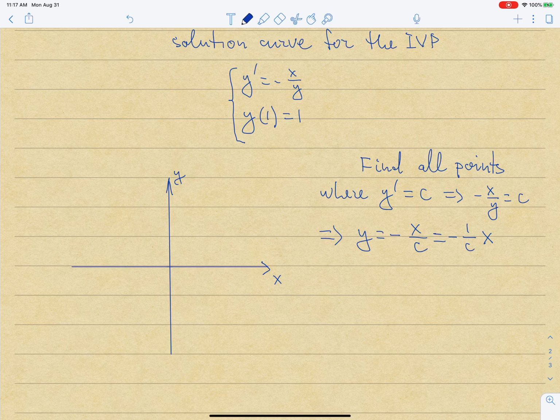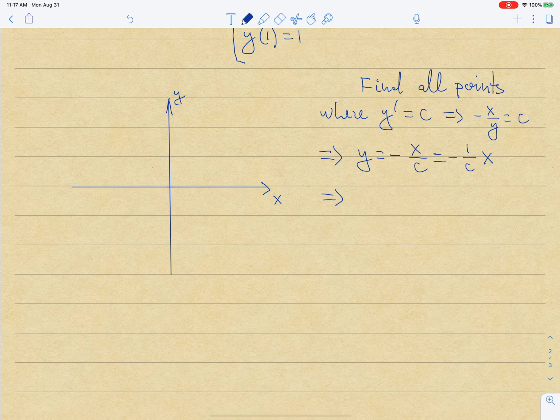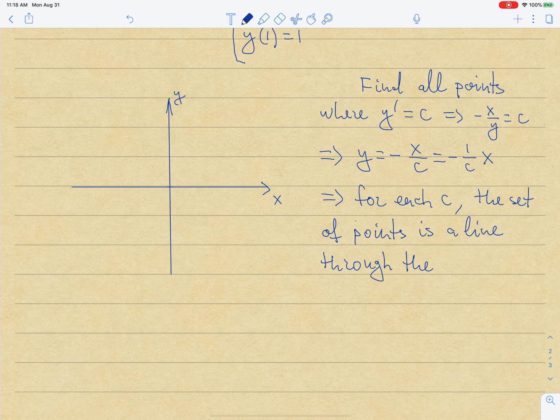Well, this is y equal to a constant times x, and y equal to a constant times x, then what I'm going to get for each c, the set of points is a line through the origin with a slope minus 1 over c.